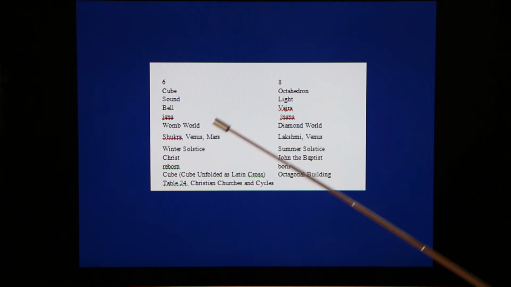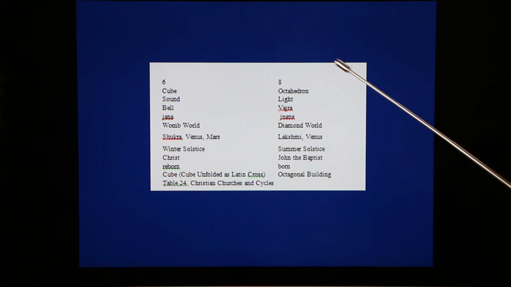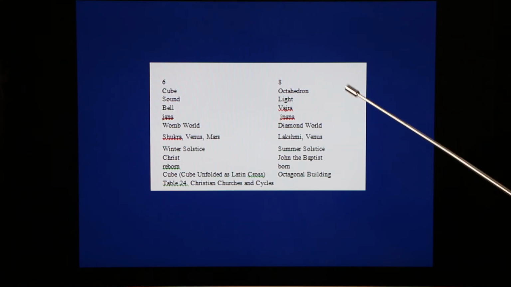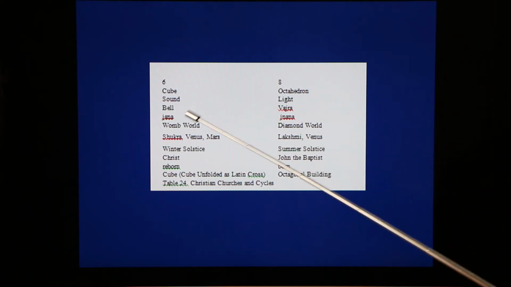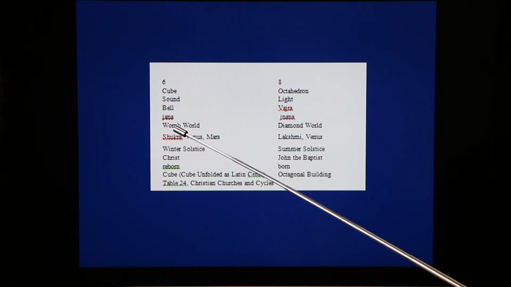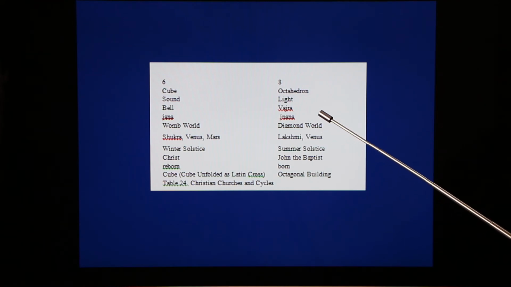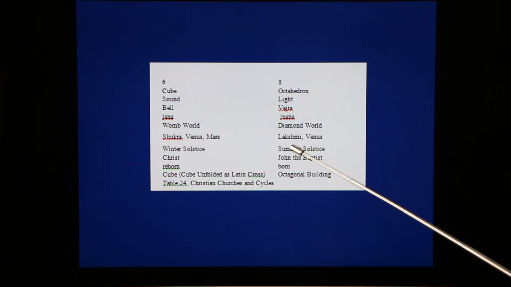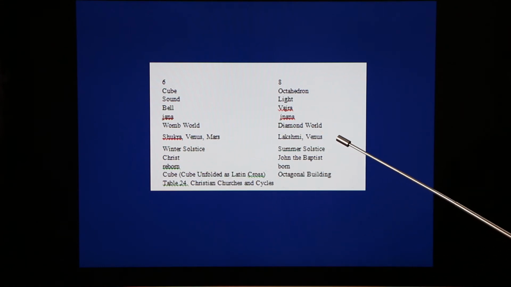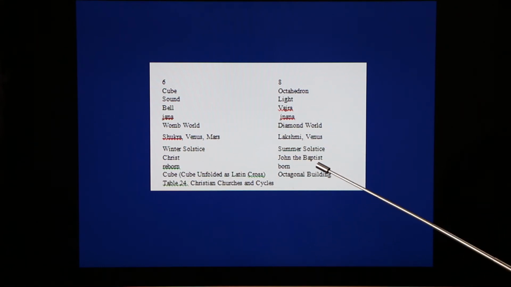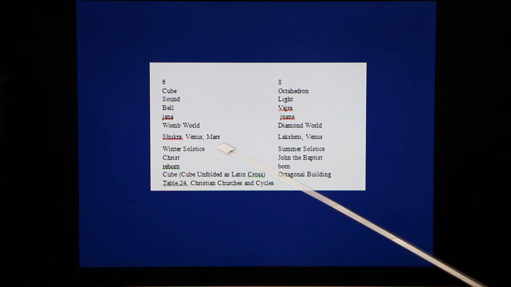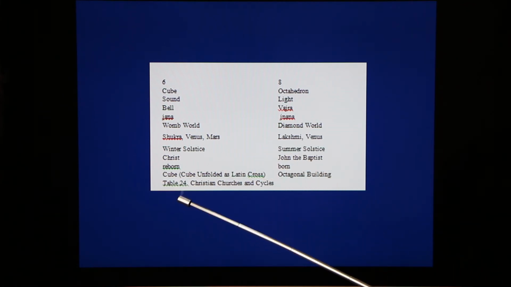And if we stand back now and look cosmically, we see that there is a difference between the 6 and the 8, between the cube and the octahedron, between sound and light, the bell and the vajra, the jhana and jnana, between the womb world and the diamond world, between Shukra, Venus, and Mars, Lakshmi and Venus, the winter solstice and the summer solstice, in Christian terms between Christ and John the Baptist, between being reborn and born, between cube and octagonal building.